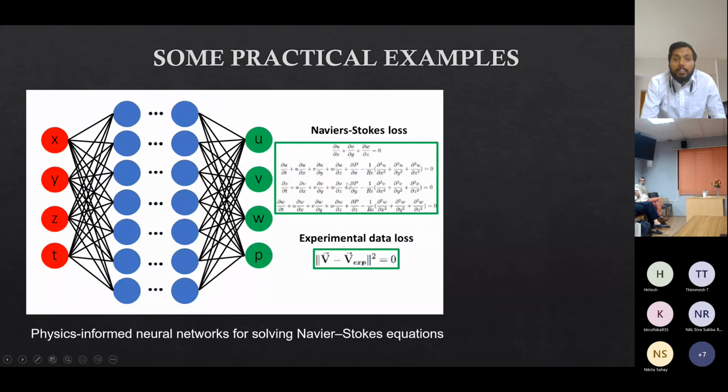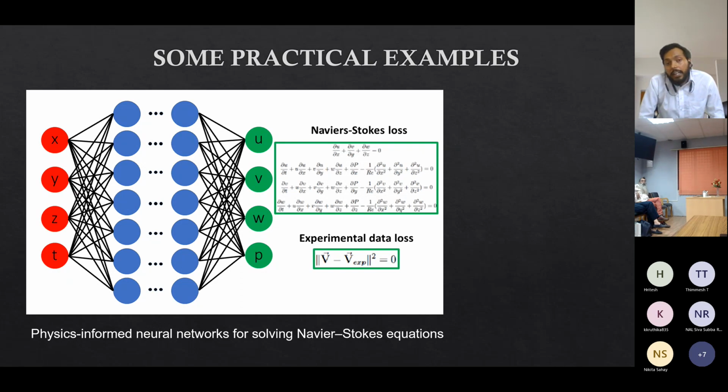Now the second example we take is the Navier-Stokes equation. We know that the Navier-Stokes equation cannot be solved analytically. So by using PINN, we can approximate the solution of the Navier-Stokes equation. In this Navier-Stokes equation, the first equation in the box is the continuity equation, and the below three equations are the momentum equations in x, y, and z direction.